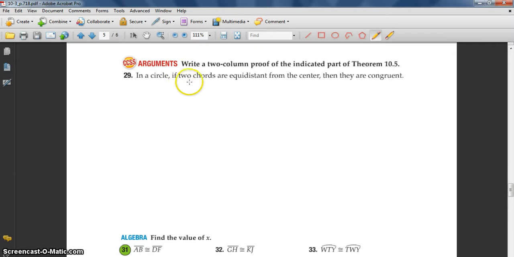Number 29. Write a 2-column proof of the indicated part of Theorem 10.5. In a circle, if 2 chords are equidistant from the center, then they are congruent. So first we need a diagram for this.